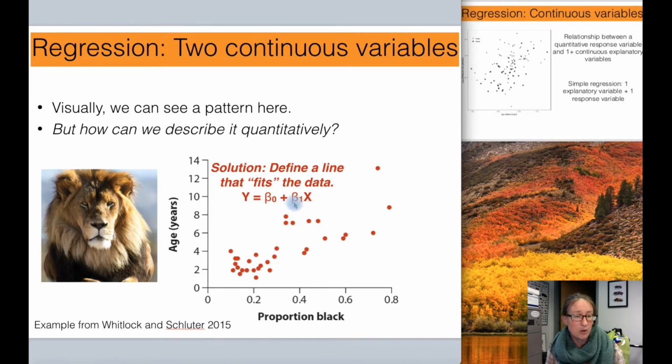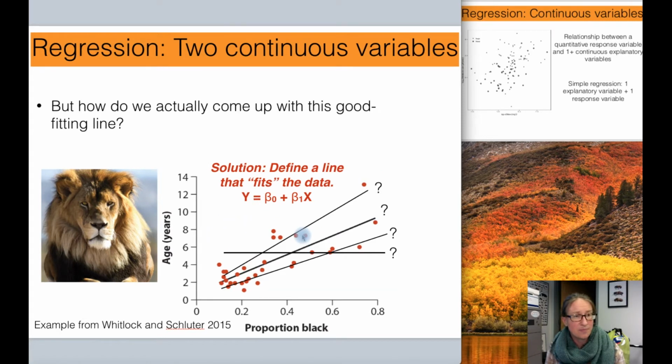Here my slope term is beta 1. So for any proportion of black nose, if I have a slope and an intercept that I can calculate, I could estimate how old the lion is.